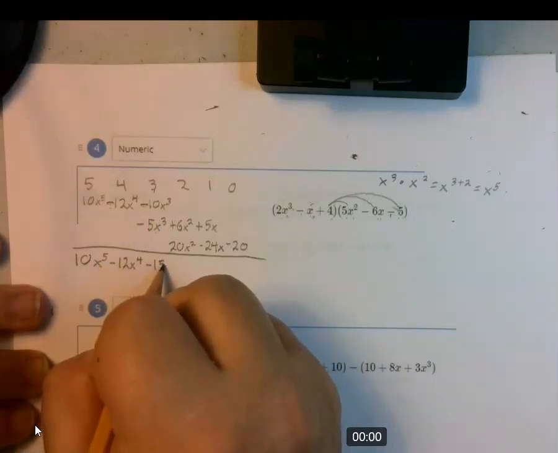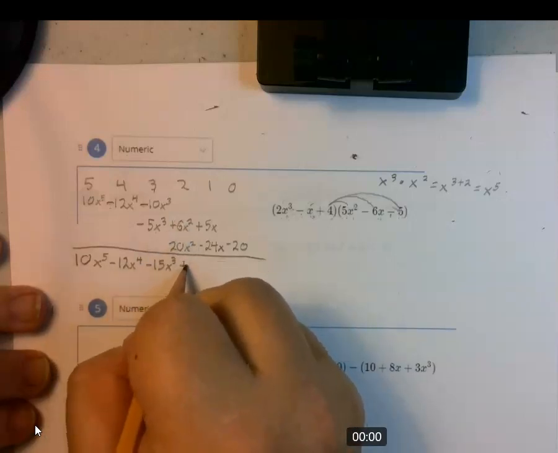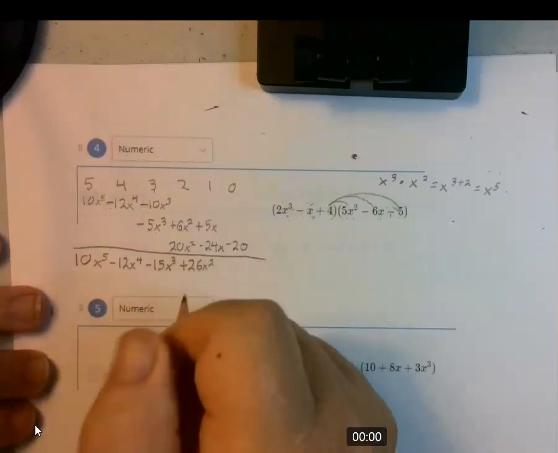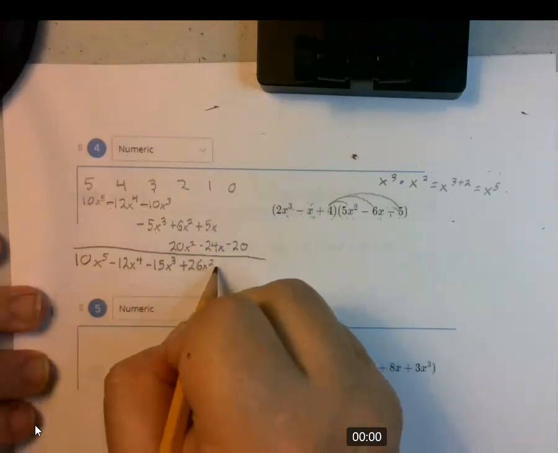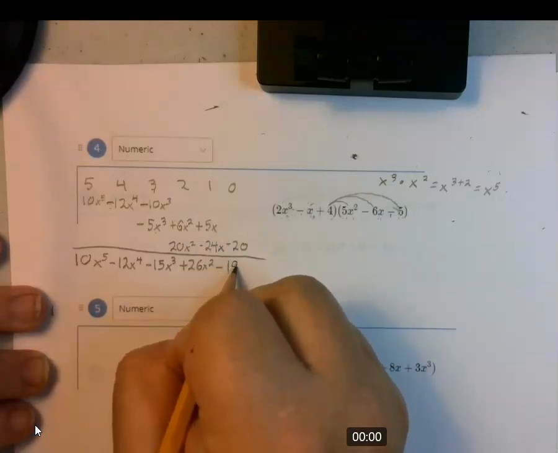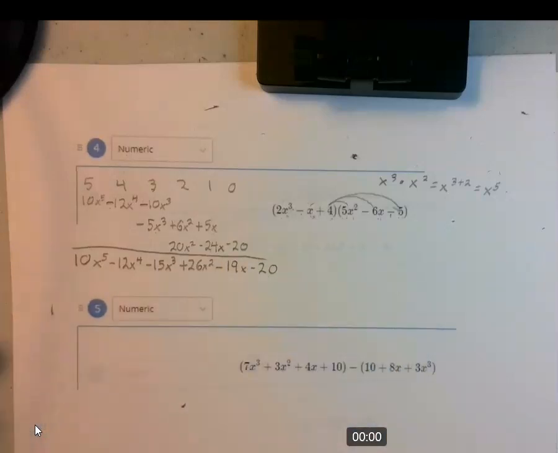You start at negative 10 and you go in the negative direction 5 places is what that's saying. Okay, a lot of terms there, a lot of stuff going on there. All right, okay, that's your answer.